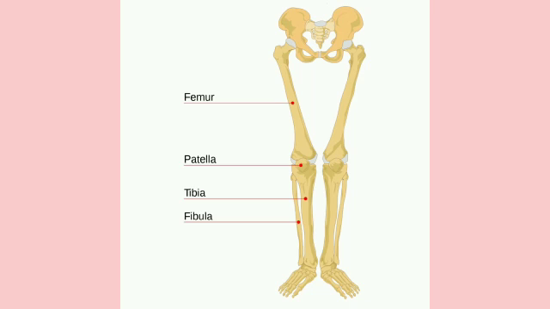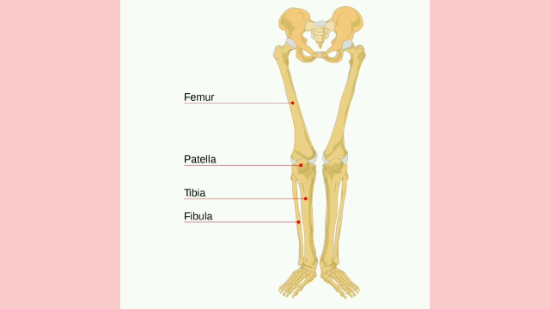The two long bones which connect the elbow to the wrist are called what? Radius and ulna. The wrist bones, palm and fingers together have 27 bones. So 27 bones in the wrist, palm and fingers, radius and ulna 2 bones, humerus 1. So around 30 bones are there in one hand.